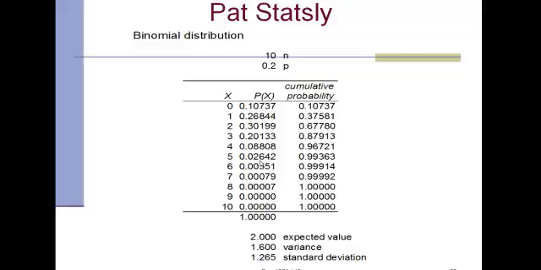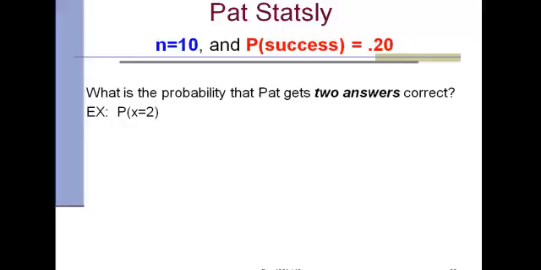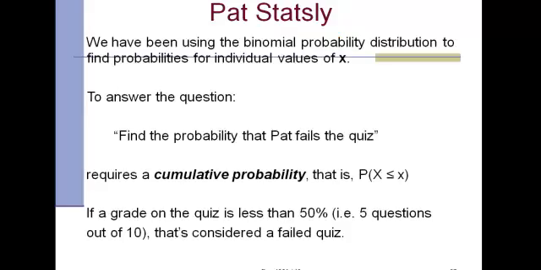So what's the probability that Pat fails? Oh, maybe I do that on the next slide, so let me look ahead. Okay, what's the probability that Pat gets exactly 2 answers correct? Again, we can look for that in a couple of ways.